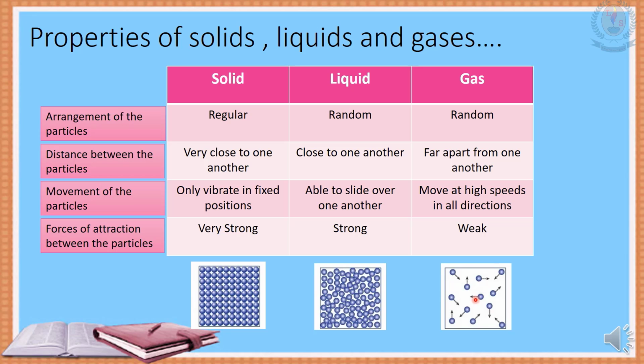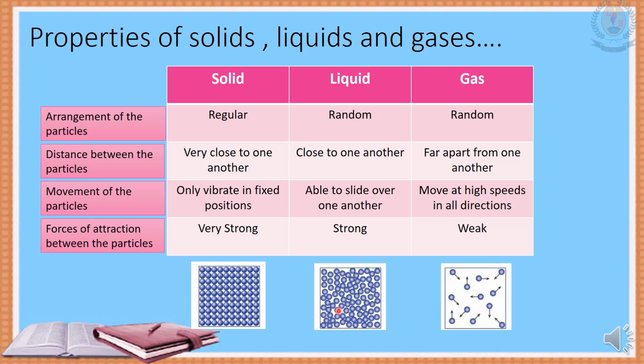They are also random. The arrangement of the particles is also random. There's no particular pattern. And the distance between the particles, if we compare, we can see the solid is very close to one another, no space, very close to one another.